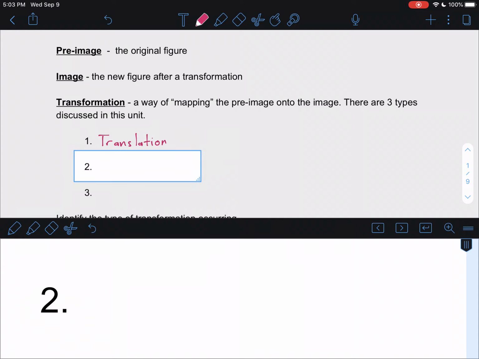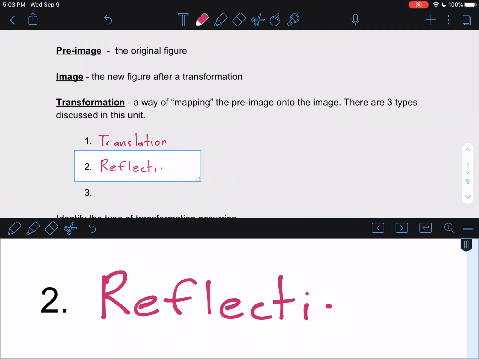And then the second one we're going to be learning, I forget what order it goes in, but I think the next one is reflection. So there's translation and reflection. Reflection is just like it sounds. It's like flipping something over a line or over something else.